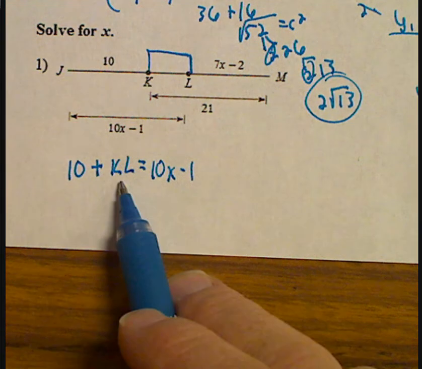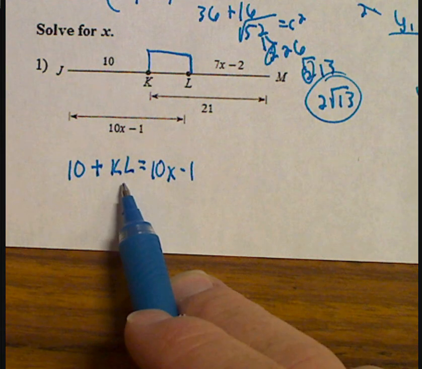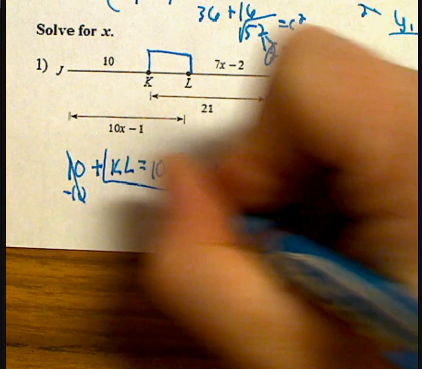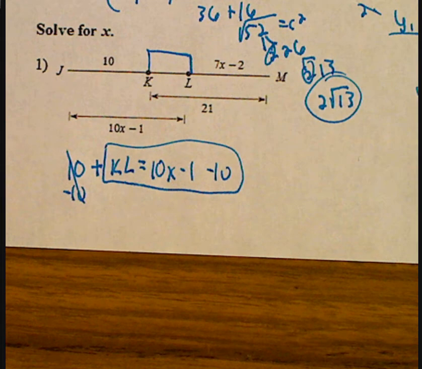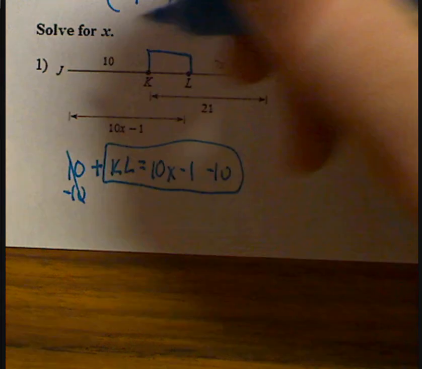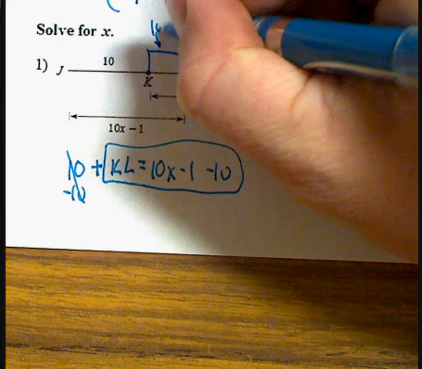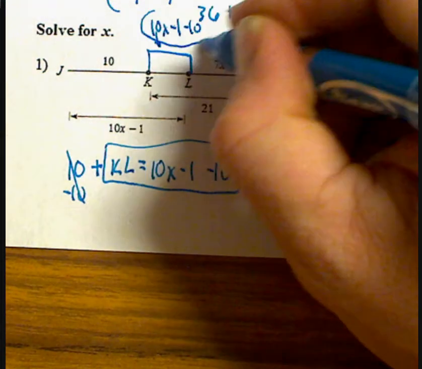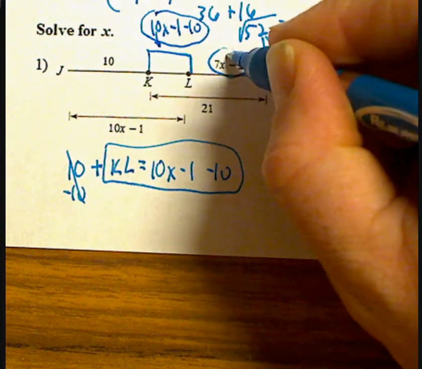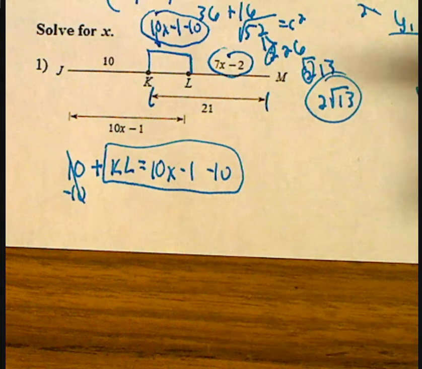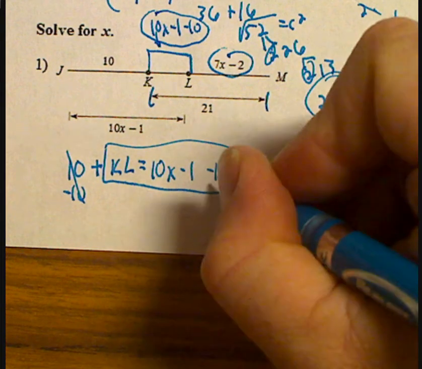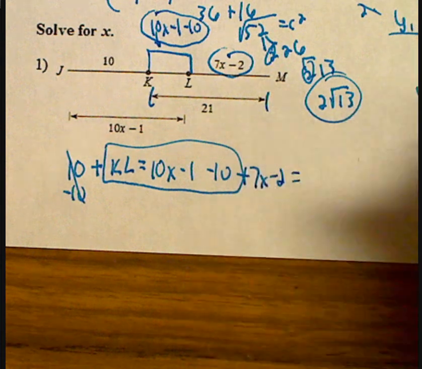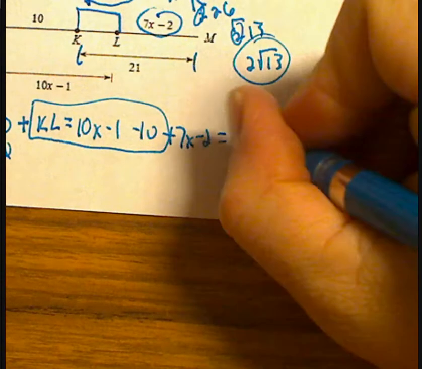I actually kind of know what KL has to be, because if I subtract 10, I know KL has to equal 10x minus 1 minus 10. So this is really 10x minus 1 minus 10. Then I know this combined with this has to equal 21. So if I take this plus 7x minus 2, then I know that this has to equal 21.